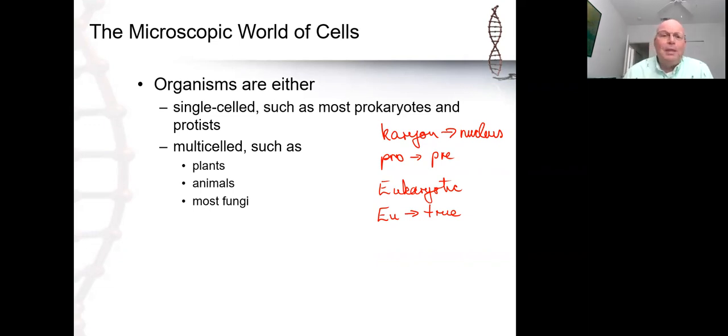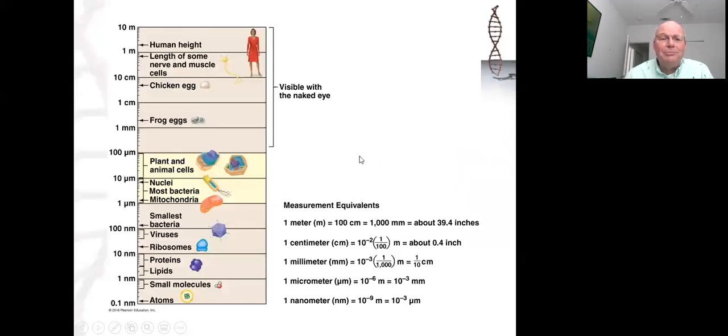So size is a function of the two different types of cells. The reason why there is such a difference in the typical size of plant cells and animal cells and eukaryotic cells in general versus prokaryotic cells is because of what we see inside the cells.